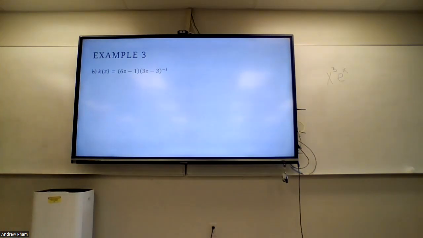Let's go ahead and talk about it. So I have 6z minus 1 times 3z minus 3 to the negative 1 power. In its current state, we can't find the derivative.